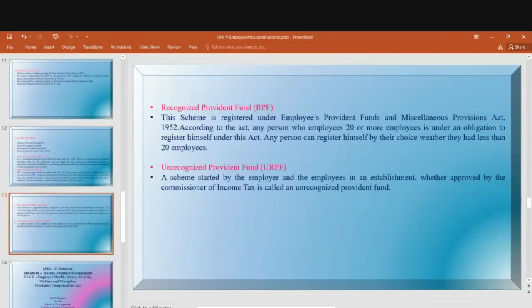If any company has 20 or more employees, it becomes eligible to register under this act. Any person can also register by choice even if they have fewer than 20 employees. This is considered to be the recognized provident fund.